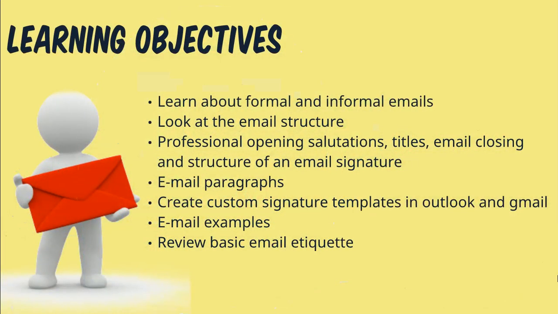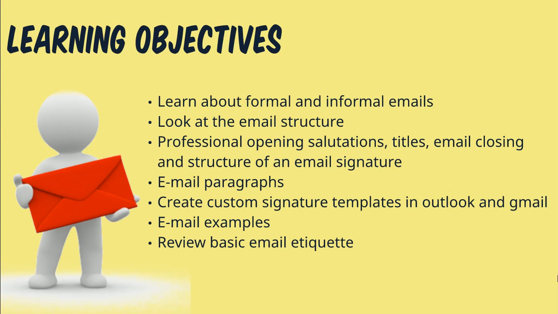So let us look into the learning objectives. In this session, we will learn about formal and informal emails and the difference between them. We will look at the email structure, that is, the mailing information, the subject line, and the body of an email. We will learn how to write professional opening salutations, titles, email closings, and structure of an email.